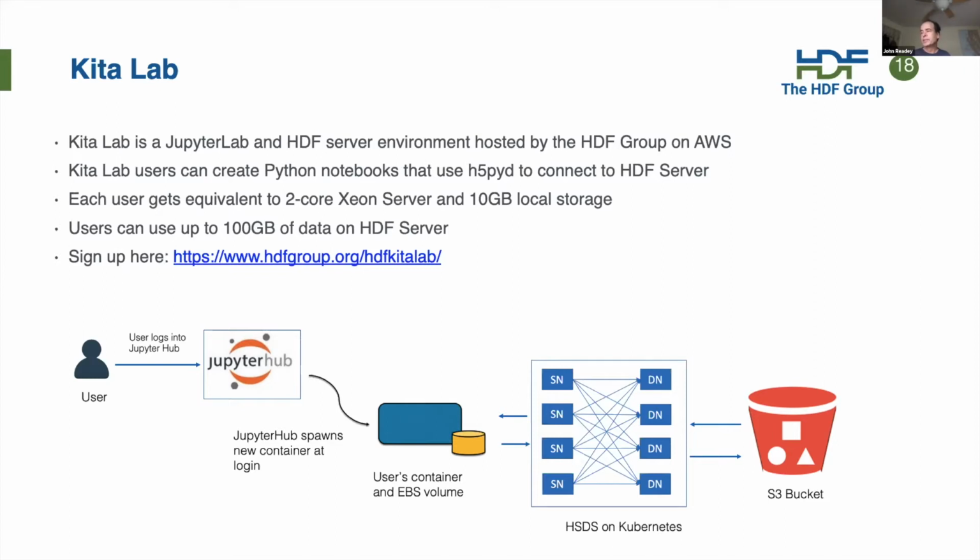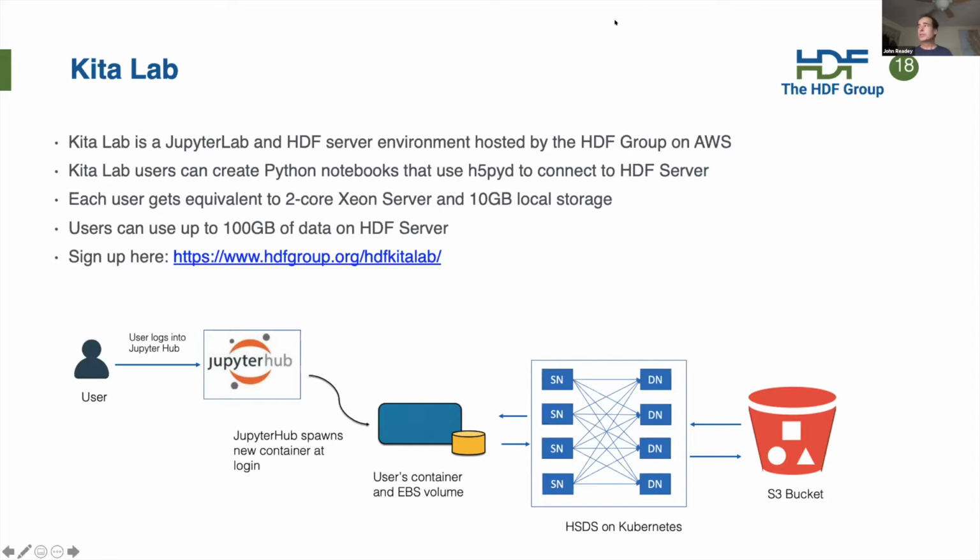So from your container, you make REST calls to the server, and the server in turn writes and reads data to an S3 bucket. I'm going to talk in vastly more detail about HSDS in my talk tomorrow. But for today, I just want to do a quick overview of how H5pyd works.